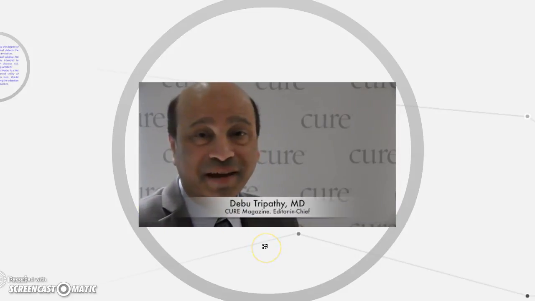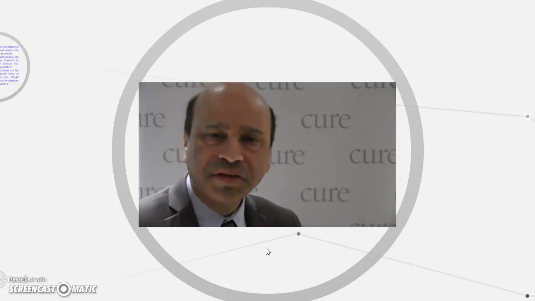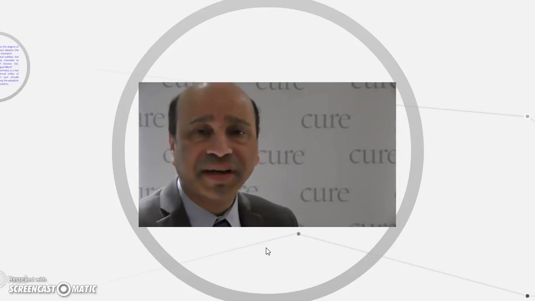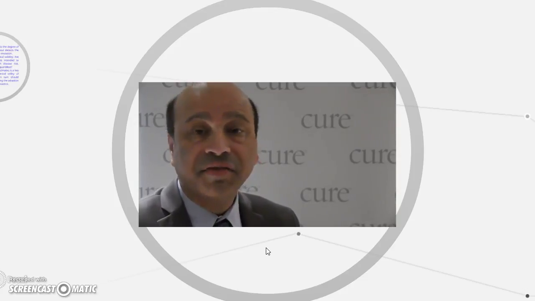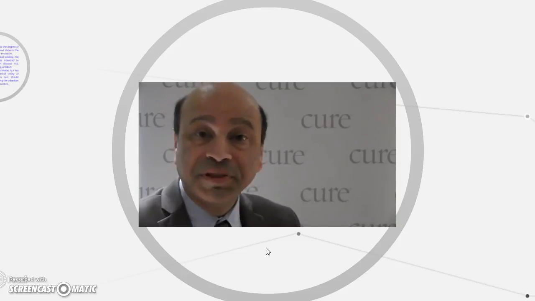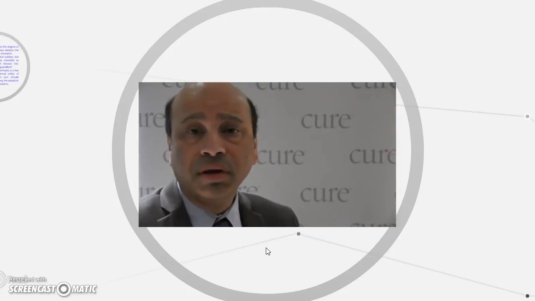Hello, this is Debu Tripathi, Editor-in-Chief of Cure Magazine, coming to you from the 32nd Annual Miami Breast Cancer Conference. One of the topics that was covered today that really affects a large number of people is that of genetic testing for familial risk for breast and ovarian cancer. Over the last 10 to 15 years, we've identified specific genes that people can inherit that, if mutated, will increase the risk of breast and ovarian cancer many fold.